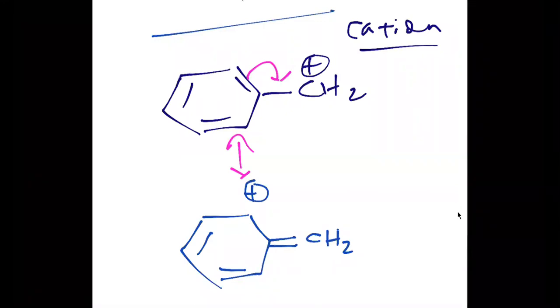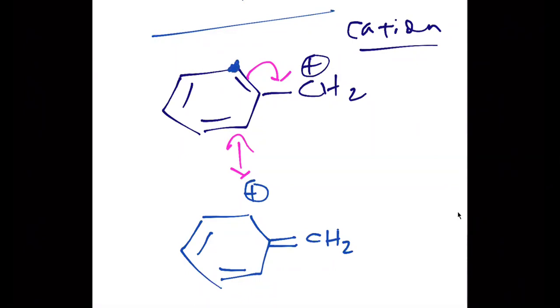Let me ask you a question. Why did that carbon become positive? This is a dumb question, but I'm asking anyway. How do you make atoms become positive? Take away their electrons. What does that arrow going from that pi bond mean that I'm doing? It means that I'm taking electrons away from this atom right here.